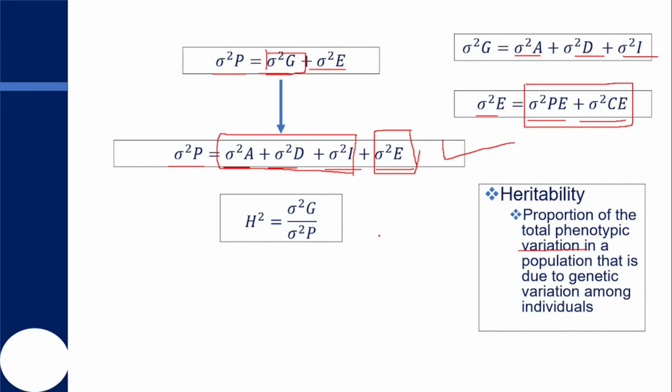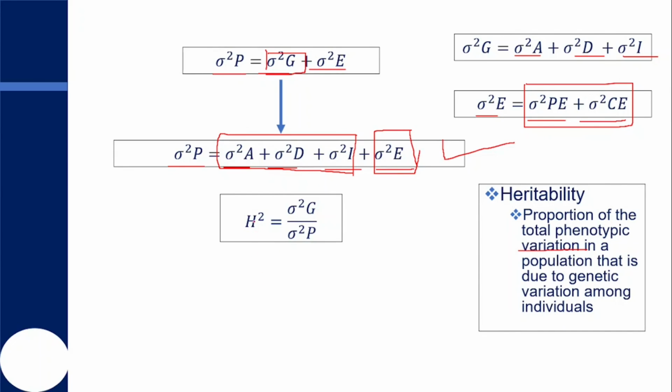I will make another video in which I will explain the concept of broad sense and narrow sense heritability in detail. But for this video, you have to know that heritability is a ratio of the phenotypic variance that is due to genotypic variance.